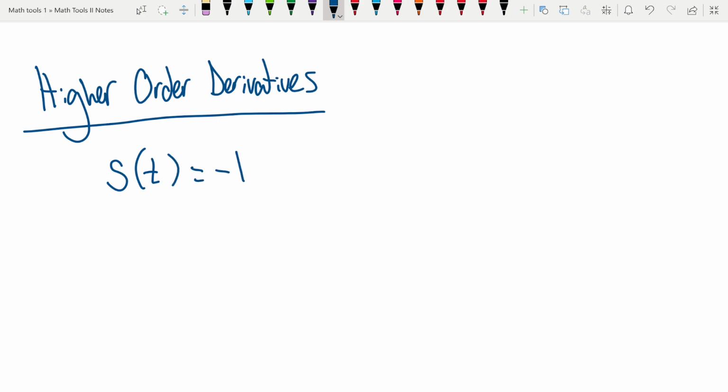Let's say that we have negative 16 t squared plus 10. Or maybe let's make it a little bit more interesting: negative 16 t squared plus, say, 12t plus 10.